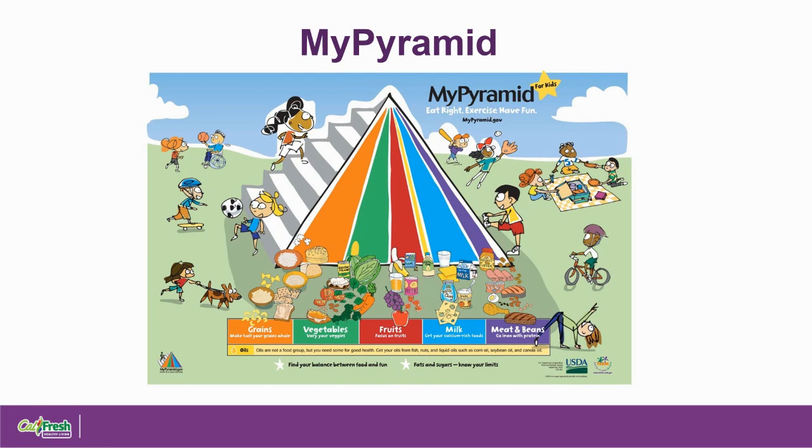MyPyramid is the learning tool we have used to help kids and adults learn about nutrition by showing the 5 food groups, providing examples from each group, and also showing how much food from each group you should eat every day. MyPyramid is still a helpful way to learn about nutrition, but now we have another tool to help us learn to make healthy choices.